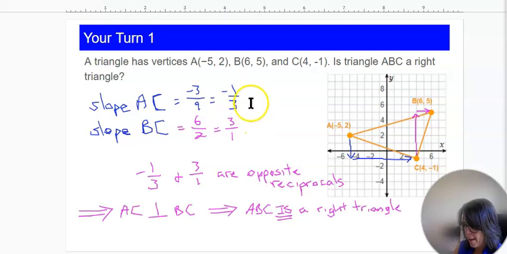What ended up happening was that the slopes of my lines were opposite reciprocals, and that means that this side AC is perpendicular to, look at the symbol, this side BC, which tells us that triangle ABC is a right triangle, and it proves it. It doesn't just look like a right triangle, it is absolutely true.